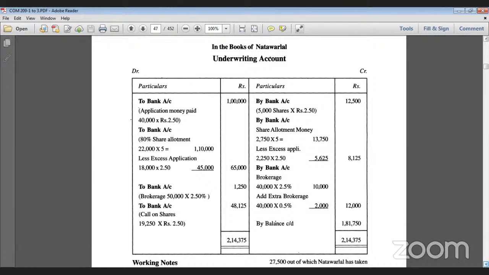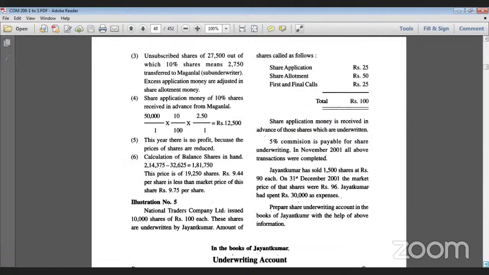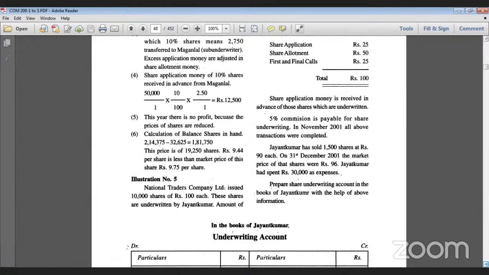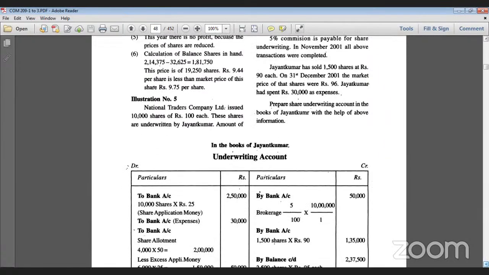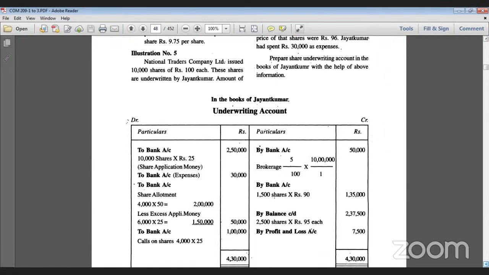There are various shares and applications coming, and the underwriter has to settle them in a proper way. This type of underwriter account will be prepared in your examination when an underwriter problem is given. So please be careful about that.